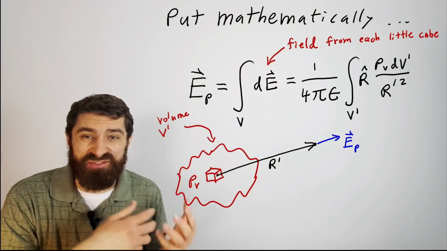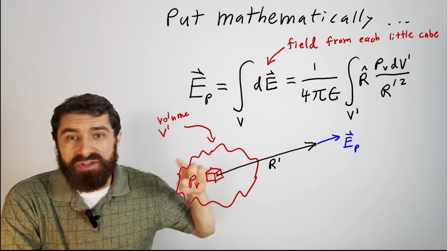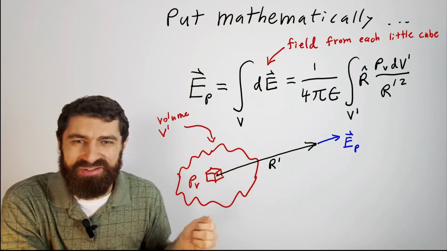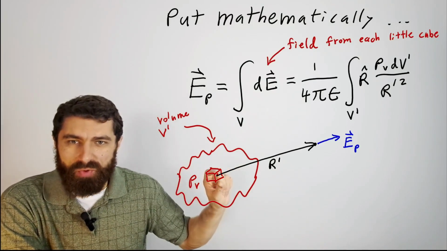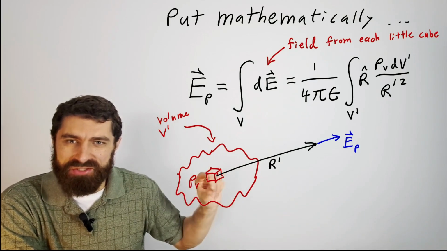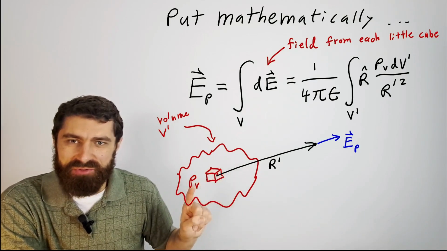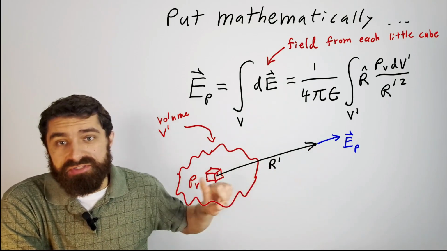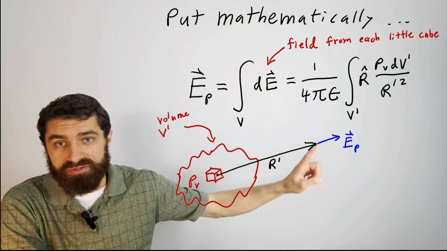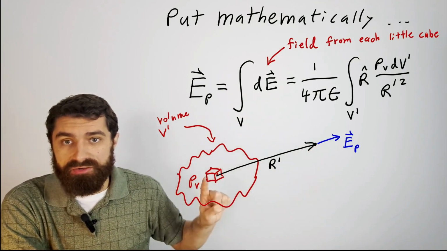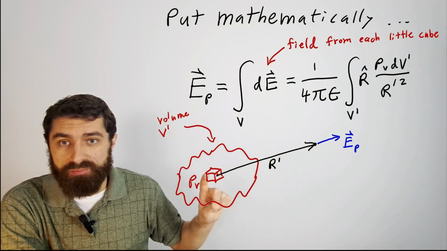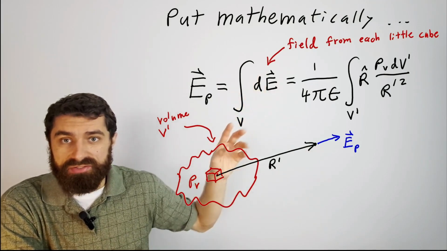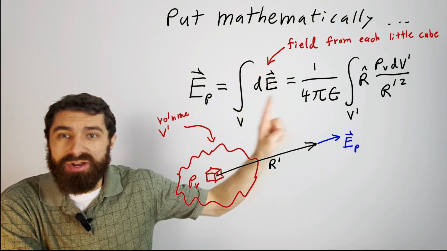So you can state this more generally. If you have some volume, we'll call it V prime, or some electrostatics problem, you break the volume up into a bunch of little cubes and find the rho V associated with each little cube. If you want to find the electric field at a certain point, and you know the distance from each little cube, you can integrate a differential electric field.